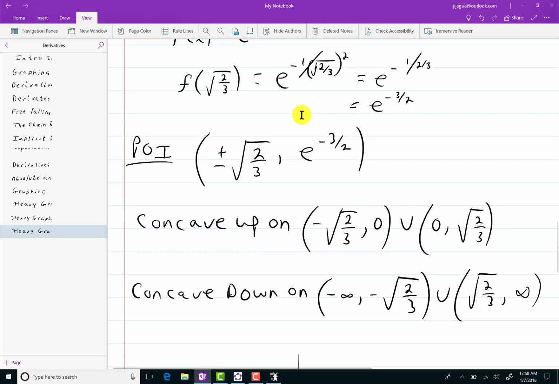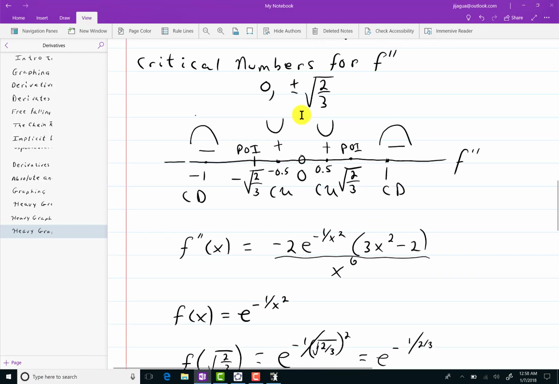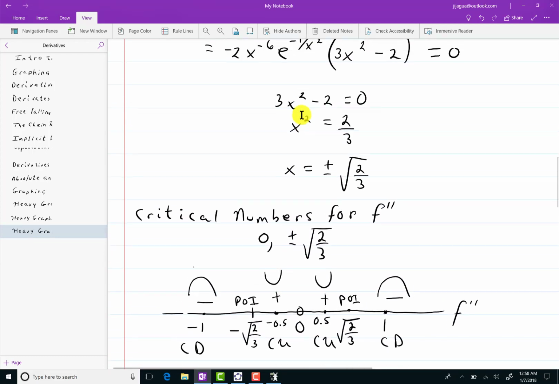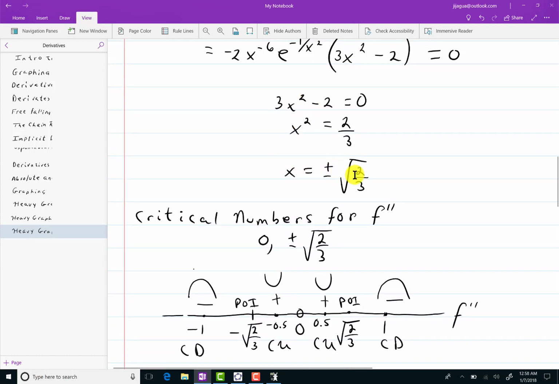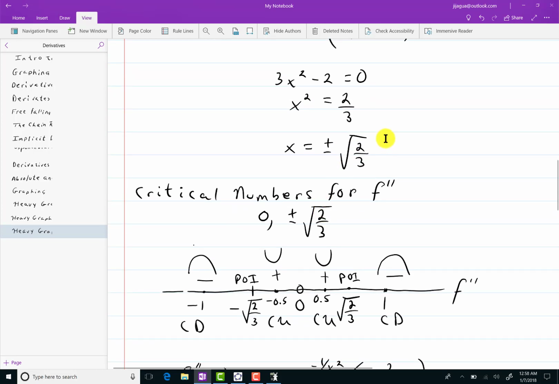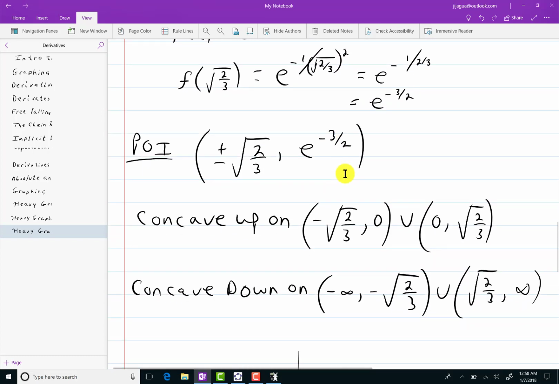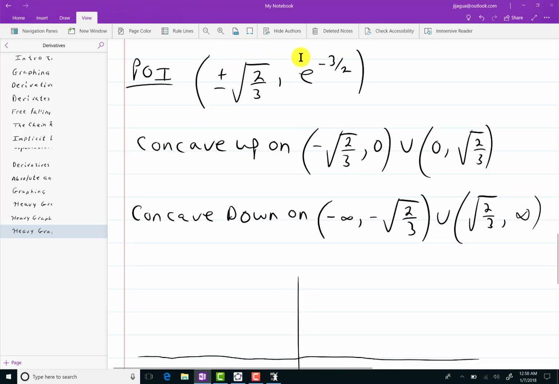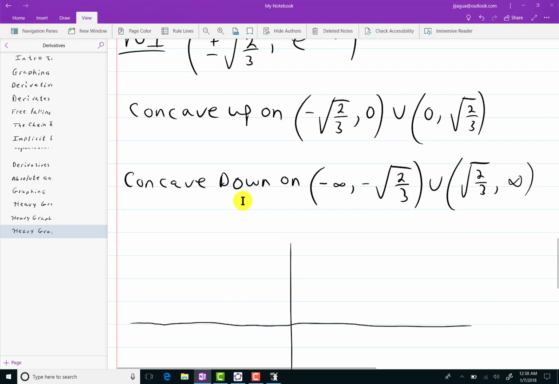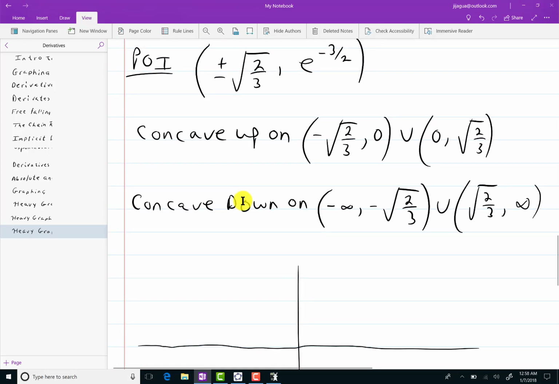I had points of inflection here. The square root of 2/3, remember we said it was about 0.8. So at these two, somewhere around 0.8, I'll just throw it in here.